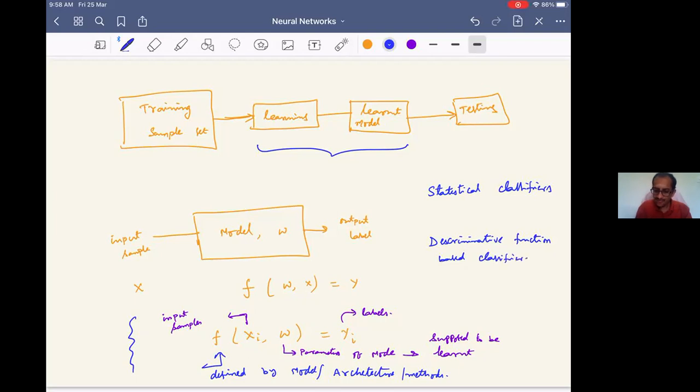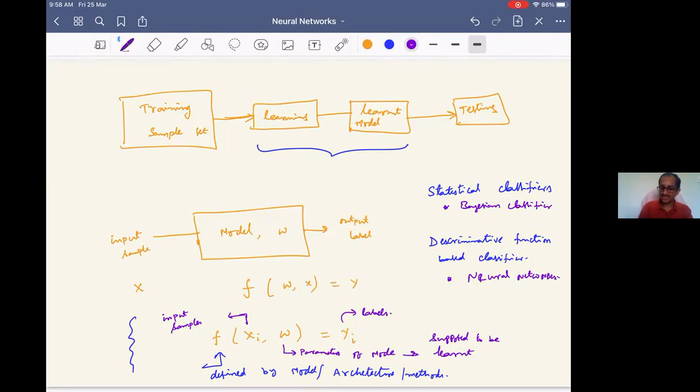Can you tell one example for a statistical classifier? Any statistical classifier you know? Bayesian classifier is a statistical classifier. And then your neural network is here. We'll see in the next class why this is, and then discuss further.